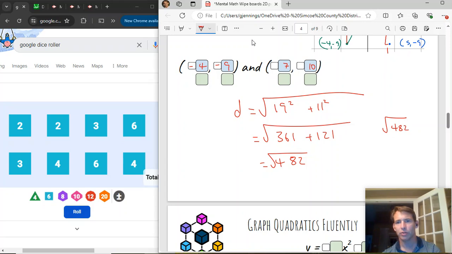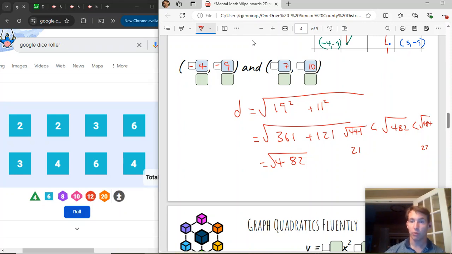between two other squares. I happen to know that's bigger than 441. So this is way bigger than 21, because the square root of 441 is 21. What about 22 squared? 22 squared is 484. So it's ever so slightly smaller than 484, and 22 is the square root of 484.